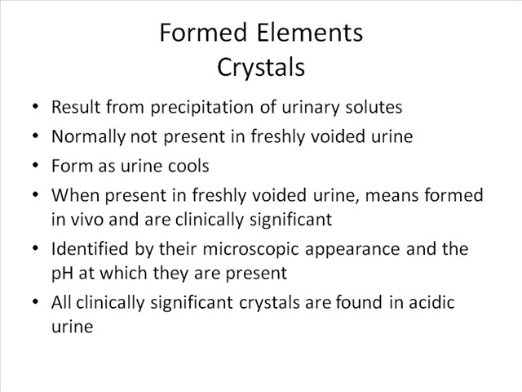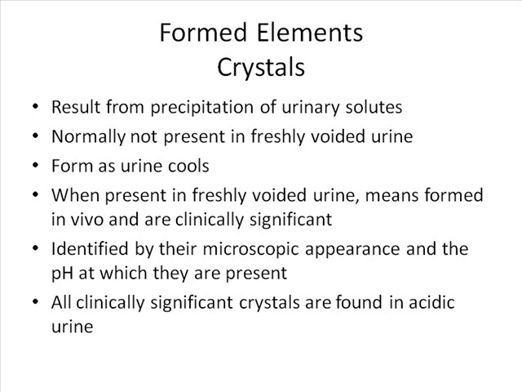If you have an acidic pH, for instance, then look at the crystals that are more common in acid urine. So if you think, oh yeah, it does look like uric acid, look to see if the pH is acidic. All right. Most of the time in freshly voided urine, you will not see a lot of crystals. But you can, and they can be totally normal.